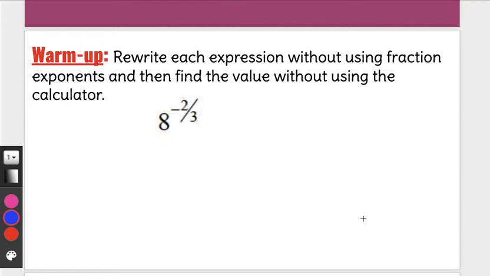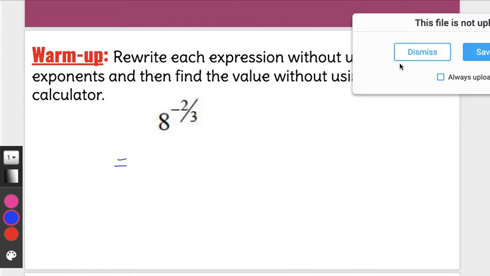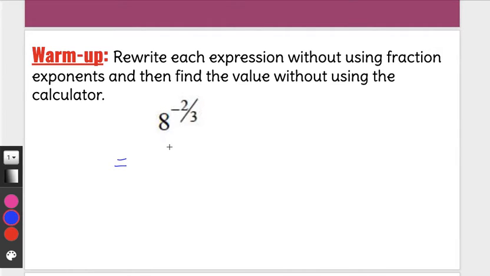So let's get started. As we know, whenever I see a negative exponent, we can easily convert it to the positive one, which is 1 over the expression with the positive exponent, 2 over 3.